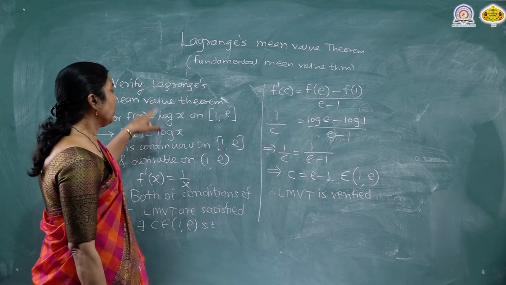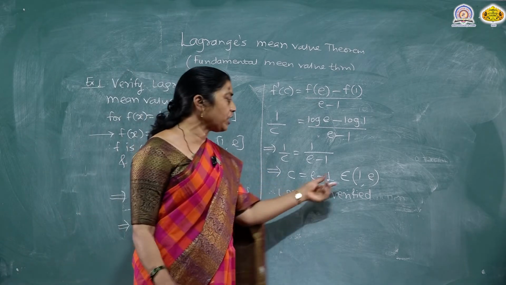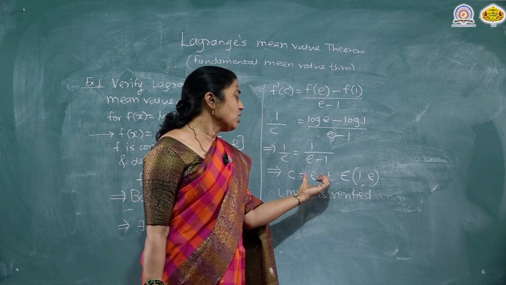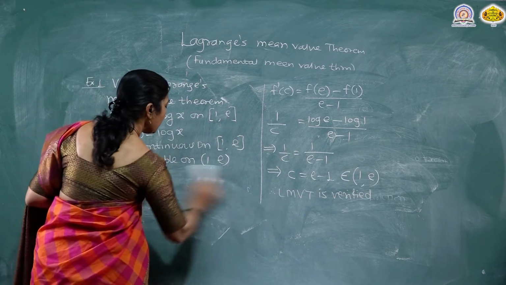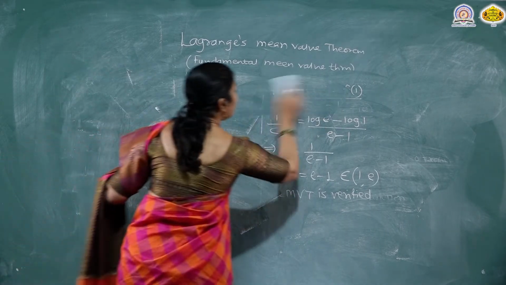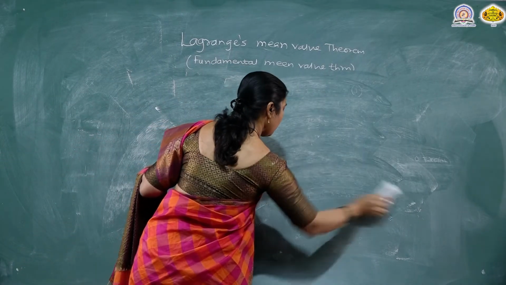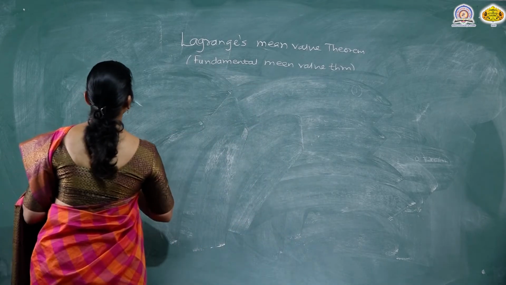So, given the conditions are satisfied, there surely exists at least one point in this open interval, that is, LMVT is verified here. Now, this LMVT can be used to show some inequality.